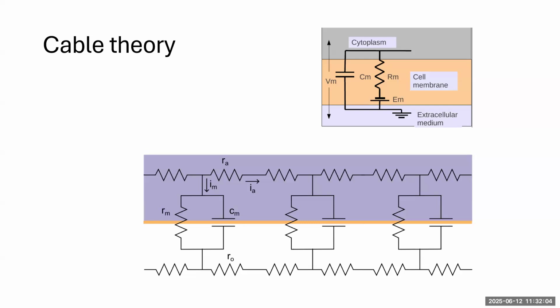On the other hand, if you think of the membrane resistance, rm, this is per unit length. What is the total surface area of the cylinder? 2 pi r squared. Surface of the cylinder. 2 pi? Exactly. 2 pi a delta x.